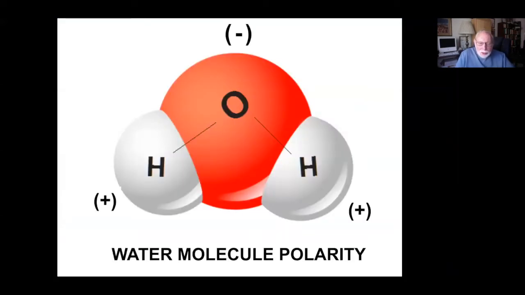Water has a funny little molecule, kind of different from a lot of molecules, because the two hydrogens are clumped on one side of the oxygen, which gives it an electronic polarity, with the two positive charges on one side and the negative side where the oxygen is. That's where the negative charge is.